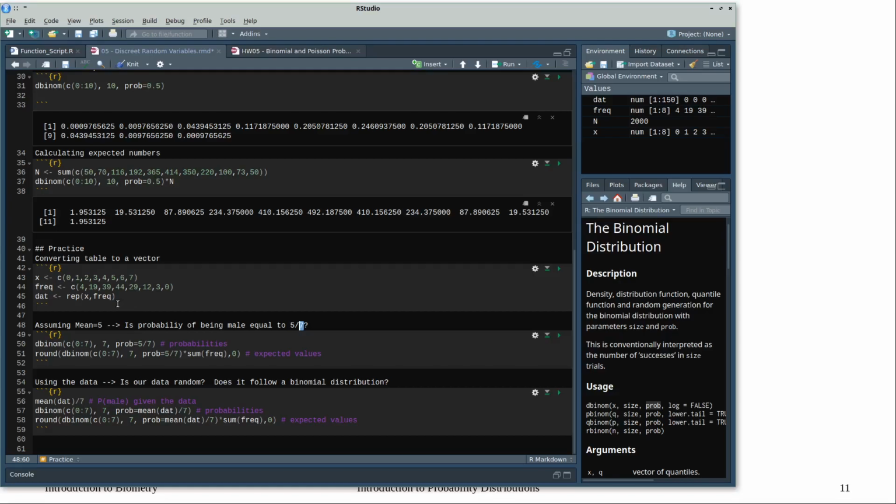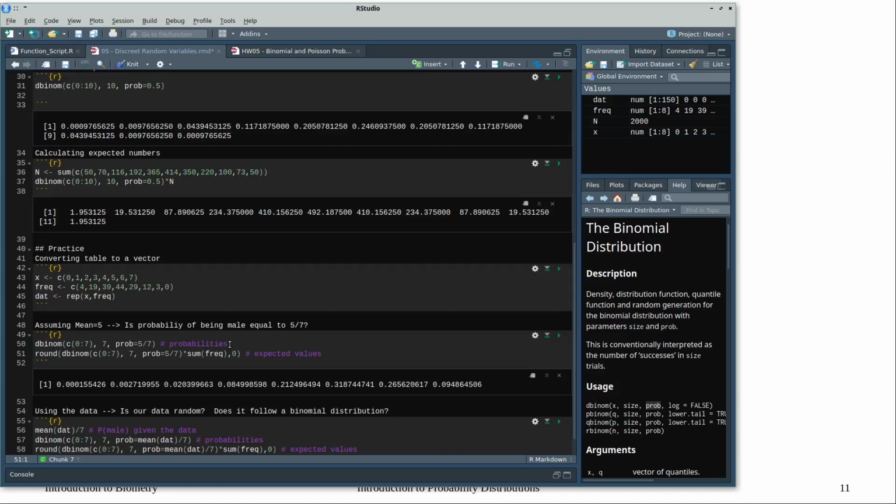So the first thing we do is calculate our probabilities. I use the dbinom function, and you'll note that I use 5 over 7 as the probability, and I get those data. There they are. And then I calculate the expected numbers.